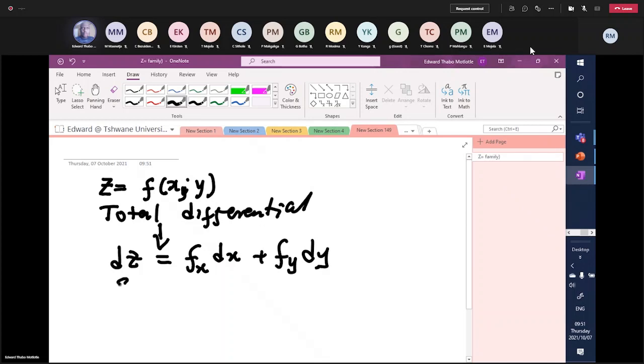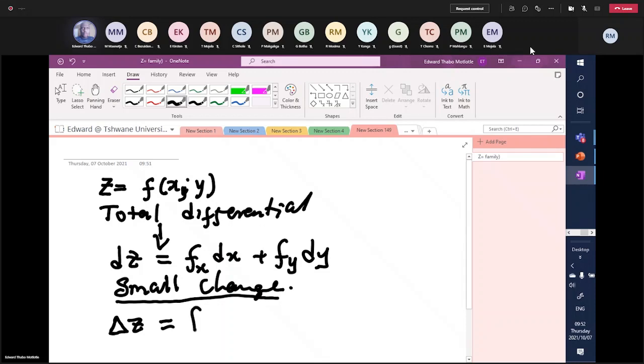Now we move to what we call a small change. This is how we define it: delta z equals, we differentiate f partially with respect to x multiplied by delta x, plus we differentiate f partially with respect to y multiplied by delta y.